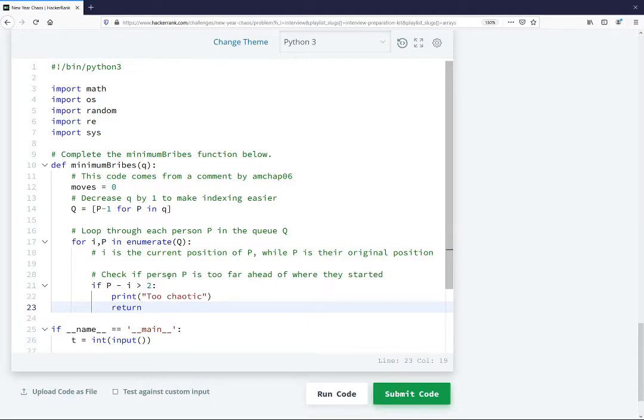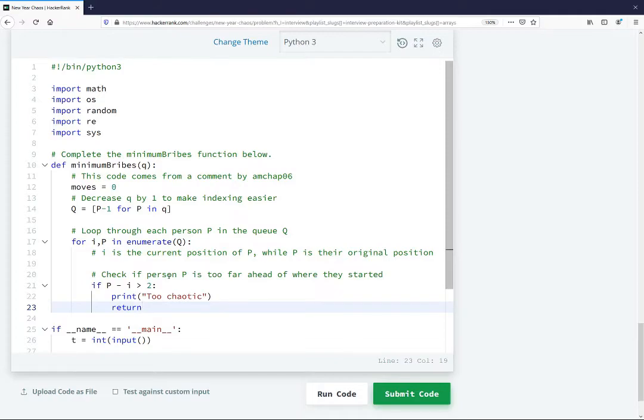Wait, no. I have it backwards. I is the current position and P is the original position. There we go. So check if person P is too far ahead of where they started. So if their original position minus their current position. So in our example from before, 5 was in the 3 position.